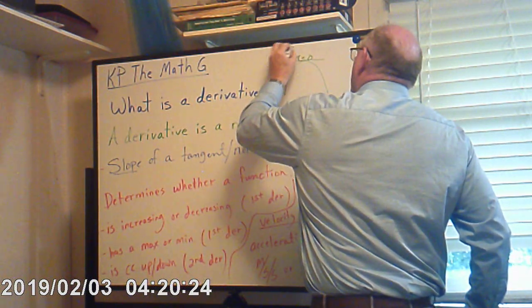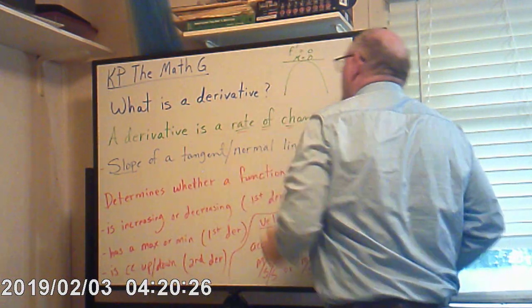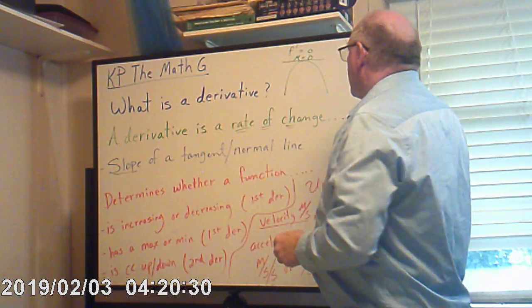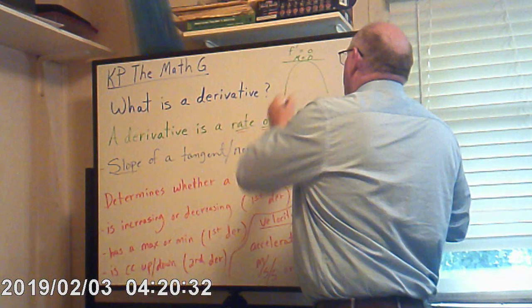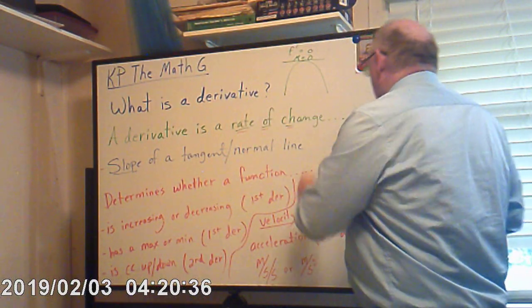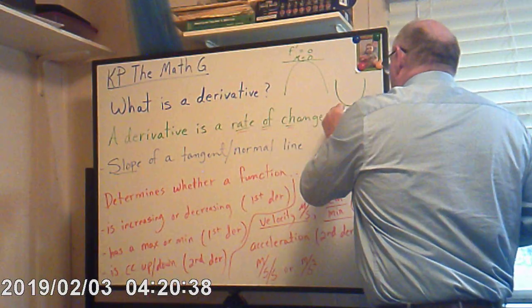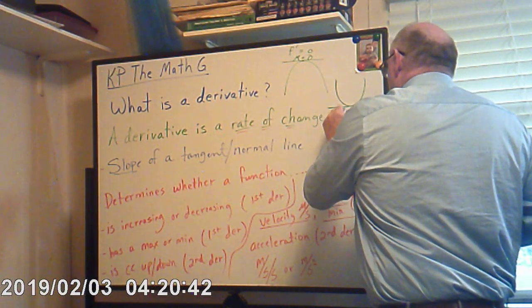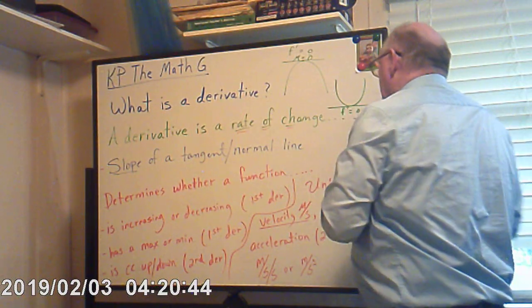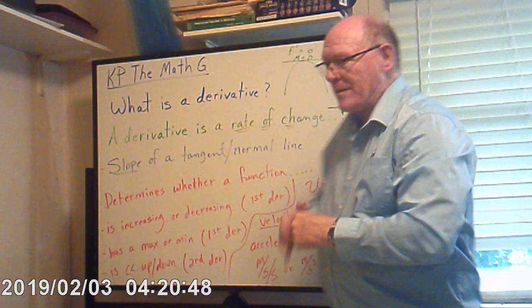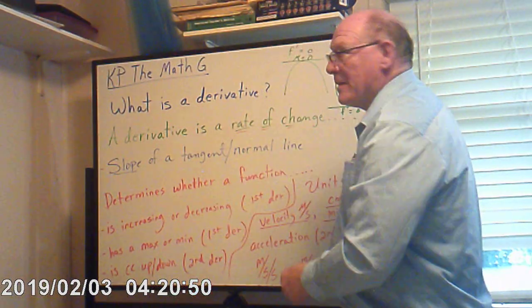We might say f prime is equal to 0. The slope has to be 0 at the highest point, so this would be a max. A min would be just the opposite, but still the slope is 0. So f prime is equal to 0, and that's also the first derivative, when you take the derivative for the first time.